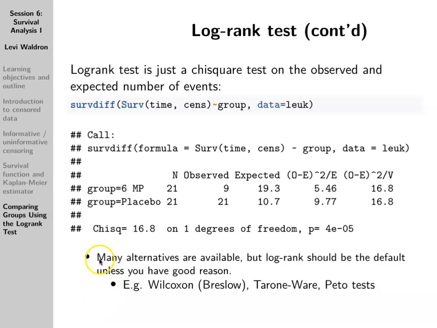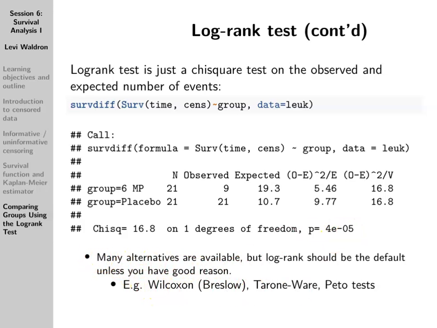And I'll just mention that there are other tests for comparing two or more groups like this, but this log rank test, in my observation anyways, is by far the most widely used, and I think should be the default unless you have a good reason for choosing another test.